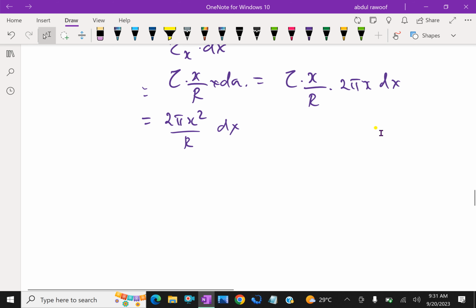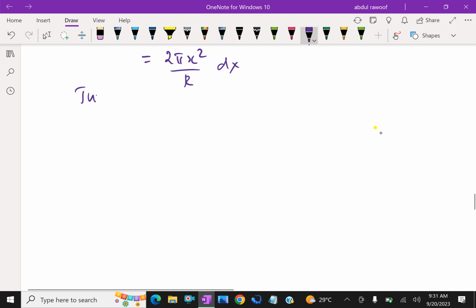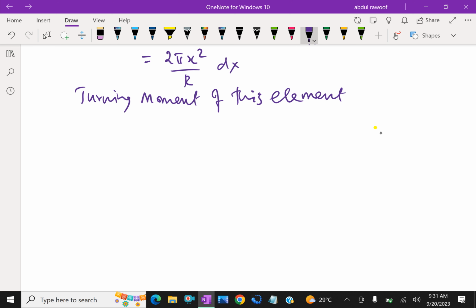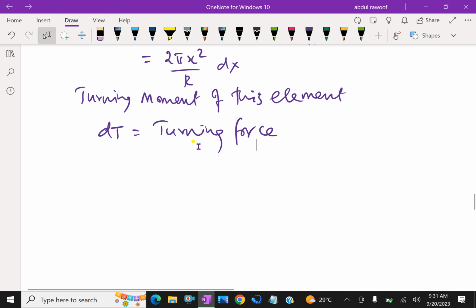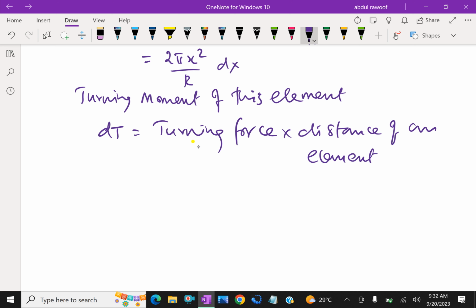Now we know the turning moment of this element, let it be delta T, is turning force into the distance of the element from the center, that is x.